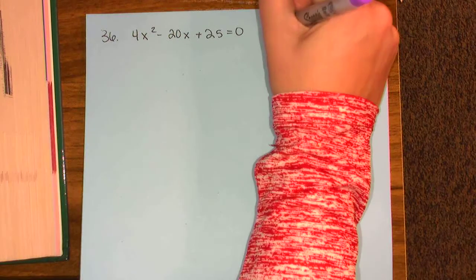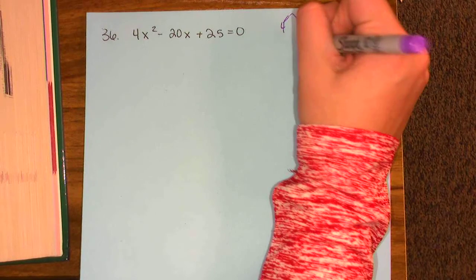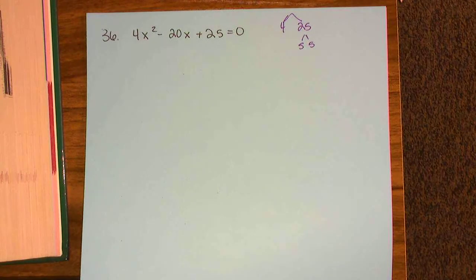So I'm going to have to factor 4 and 25. It's going to be 20. 5 and 5. Now I've got to figure out what factors can do this for me. So I had 4 and I have 25 and I need negative 20.